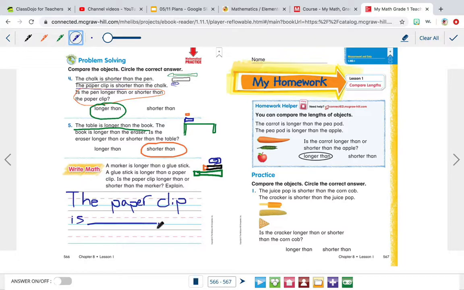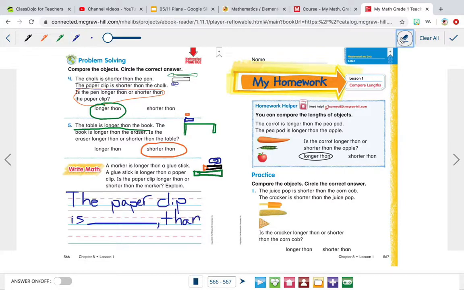The choice is yours. So you're going to look at the paper clip and you're going to look at the marker and you're going to see, is the paper clip shorter than the marker or is the paper clip longer than the marker? So the paper clip is blank, then, so you're going to do shorter or longer than.